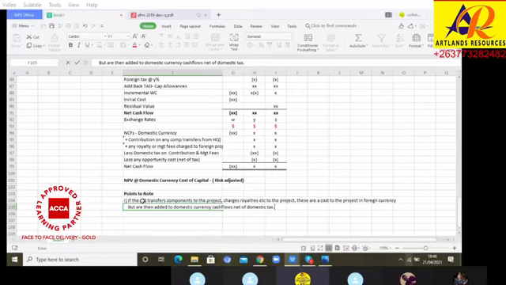You get that? They are a cost to the project in foreign currency, but are then added, like what I was saying here.